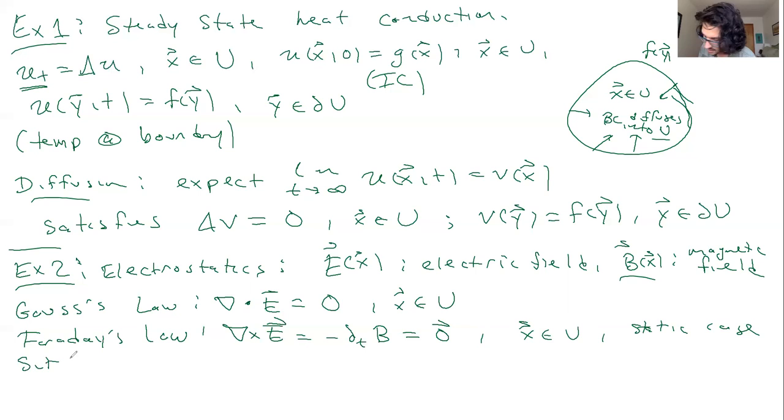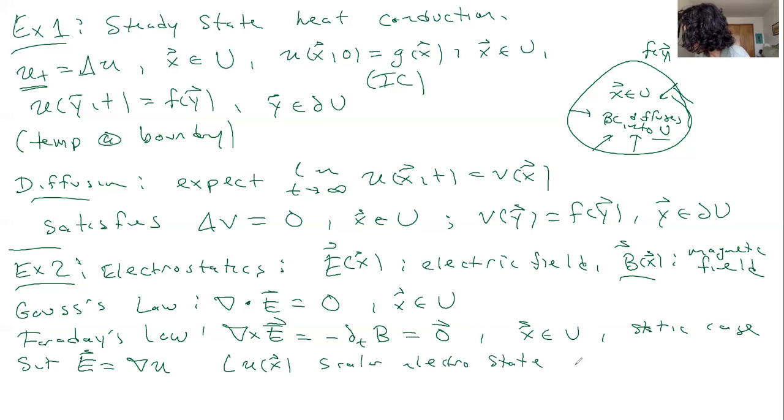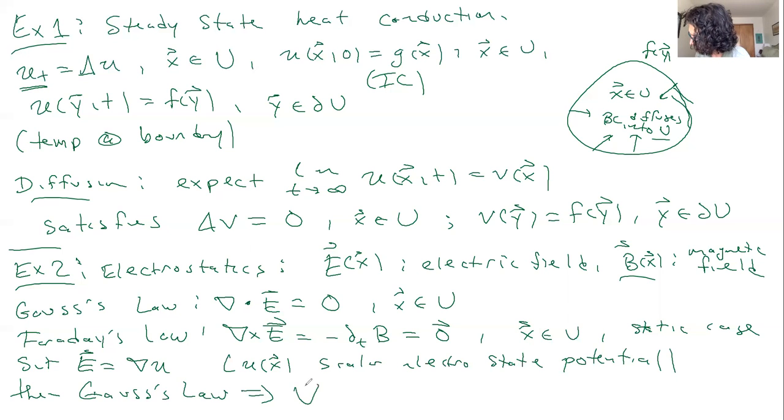Well, if we set E to be the gradient of some u, which you could think of as a scalar electrostatic potential, then Gauss's law implies that the divergence of the gradient of u, which just gives us the Laplacian of u, is equal to 0 on x in U. So we get back Laplace's equation.